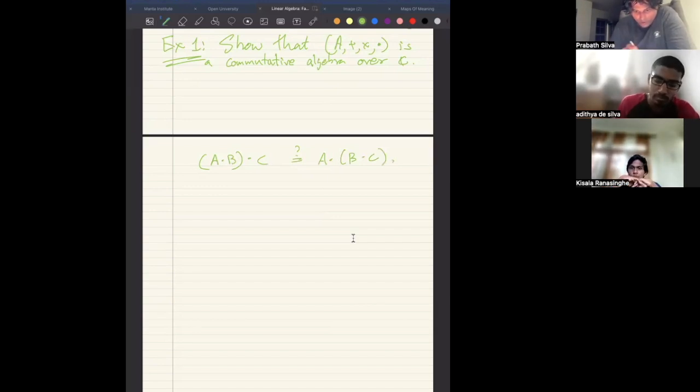Let's call this matrix D. Let's call this matrix E. Right, so the ij-th element of the matrix D is going to be a sum. So this matrix is m by n, n by p, and this one is p by q.